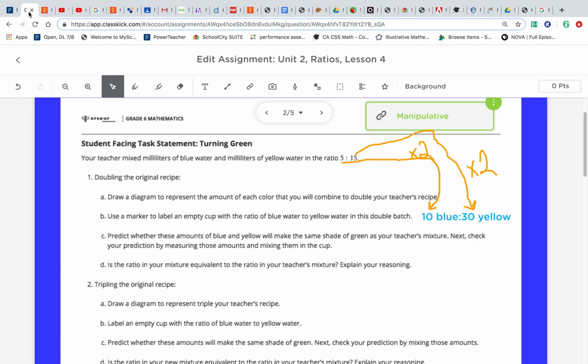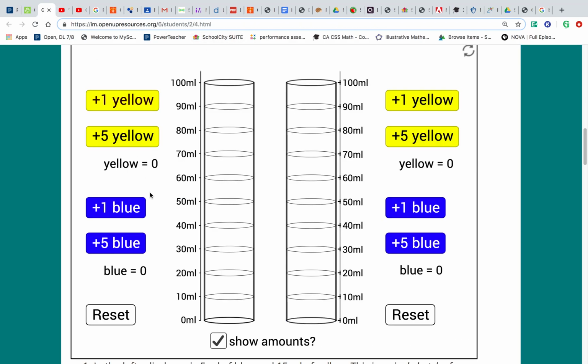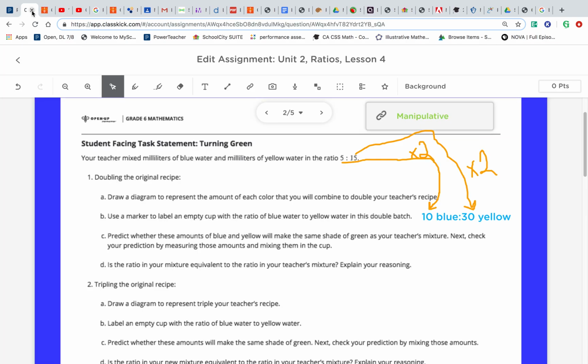Remember, the original formula was 5 blue and 15 yellow. So let's see what that looks like. I'm going to choose 5 blue and then 15 yellow. If I go by plus 5, I have to add 1, 2, 3 of those. So that's our shade of color, the shade of green we're working with now.